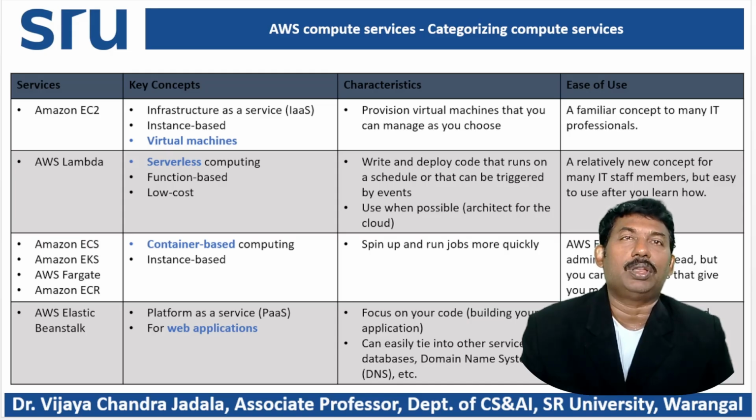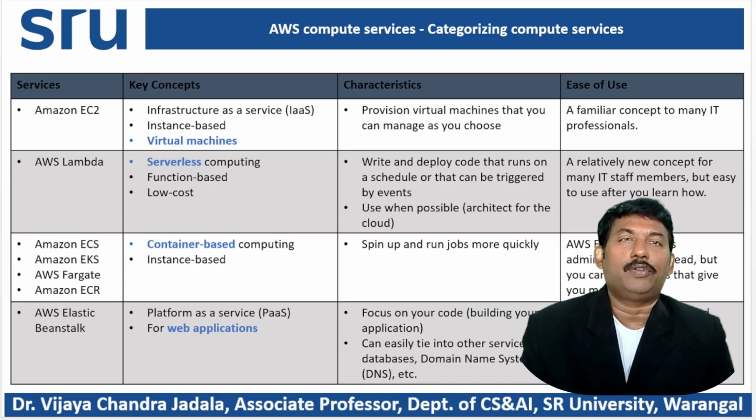When you come to serverless applications, the most commonly used is AWS Lambda. AWS Lambda is a serverless compute solution where you pay only for the compute time that you use. So these are all related to the general concept of the AWS categorization of the compute services.